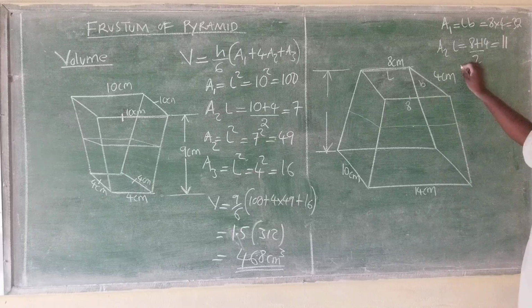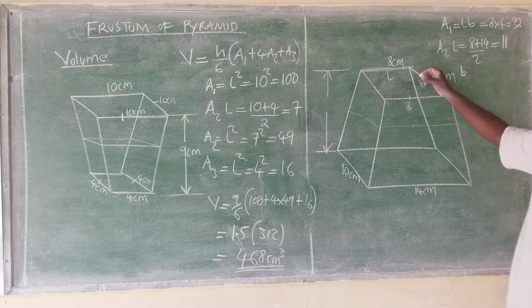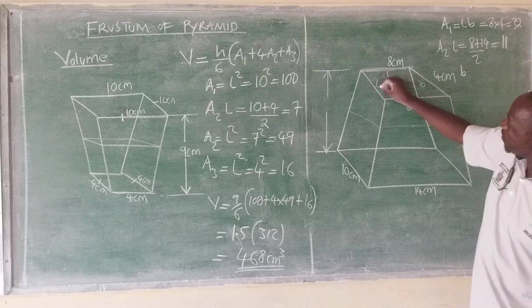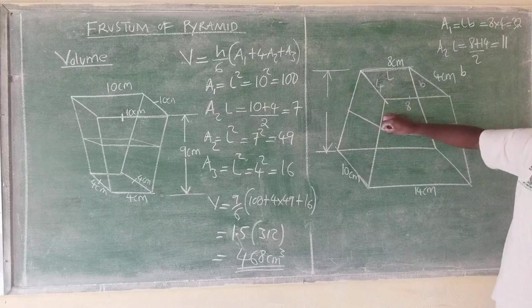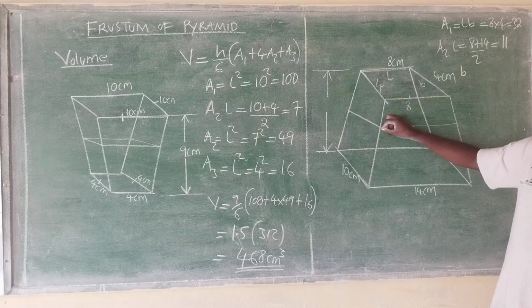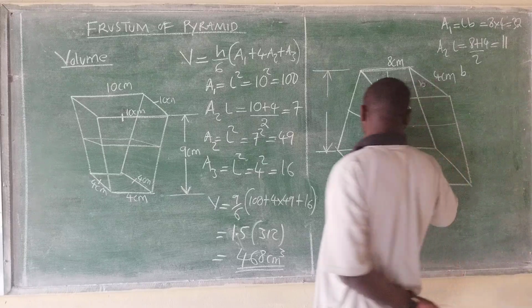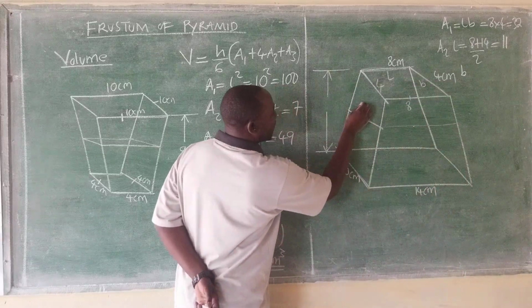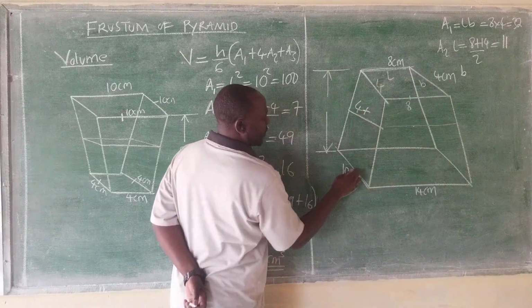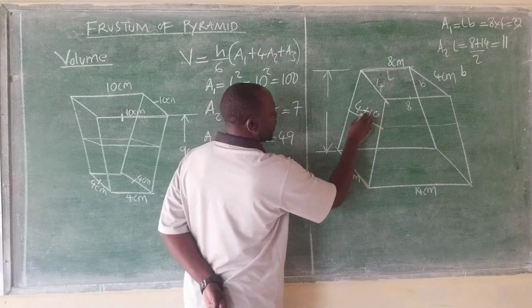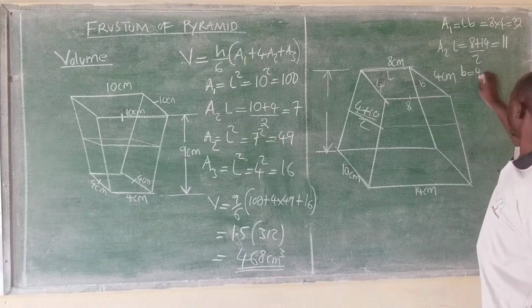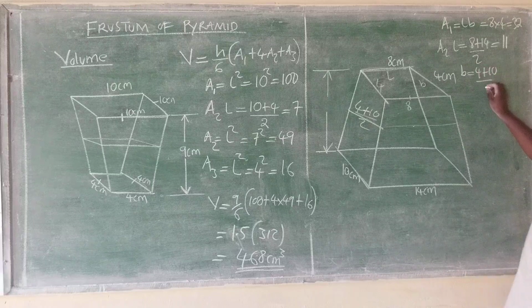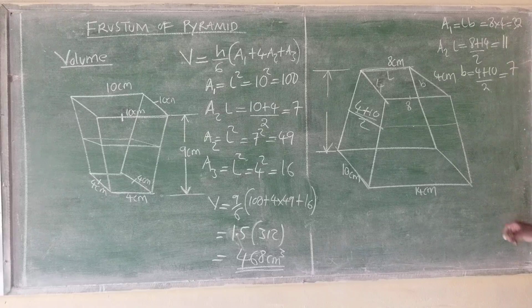Then we do the same for the breadth. This is 4, and this is also 4. You add this plus this to find the breadth. Are we together? So the breadth is 4 plus 10, divided by 2, giving us 7.